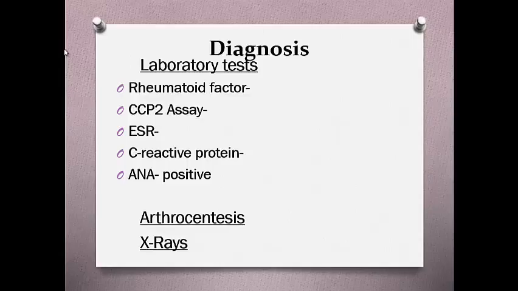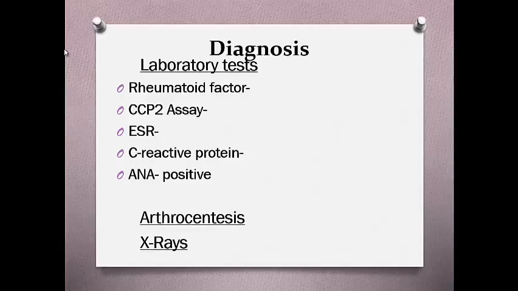Some patients might go through an arthrocentesis, not all patients. But again, we would be looking for the synovial fluid. And with rheumatoid arthritis, the synovial fluid could be cloudy, milky, dark yellow with lots of inflammatory components. And then the patient would usually get a series of x-rays.